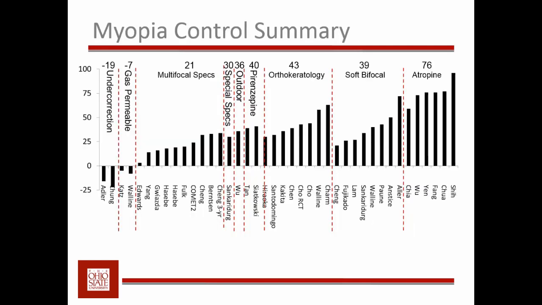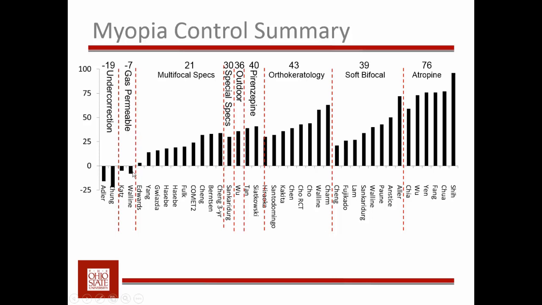So this is a summary of the literature. When I look at different studies, I am finding all the different studies where we have an experimental treatment and a control group, so we have a comparison in that particular study. That's what all these various studies are. I've combined them by treatment type, whether it's atropine, soft bifocal contact lenses, orthokeratology, or any of these others.